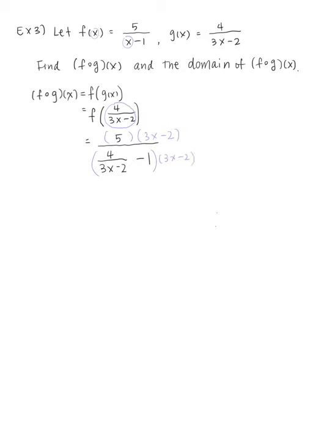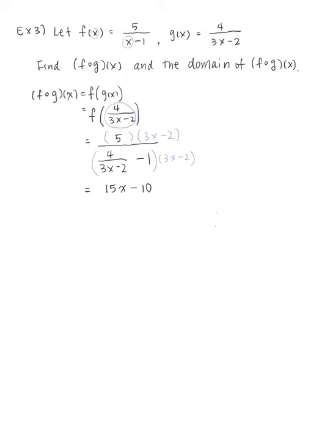Now we're going to distribute 5 to each term, which is 3x minus 2. And then I'm going to distribute this whole quantity 3x minus 2 to each term in the denominator. So if I do that, this is going to become 15x minus 10.